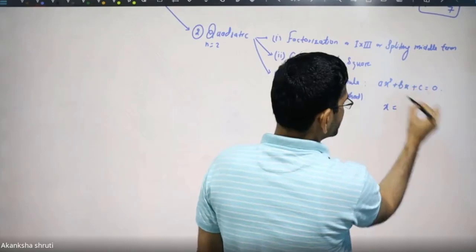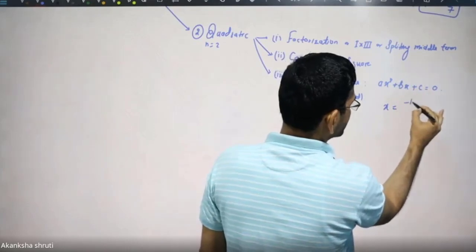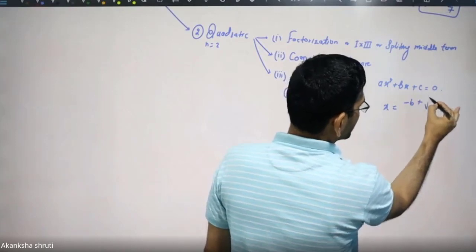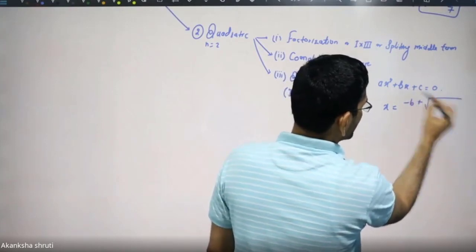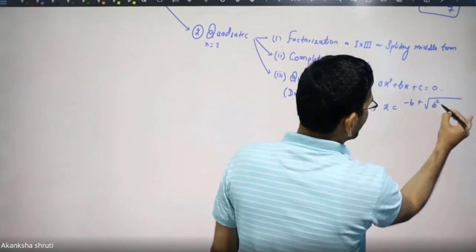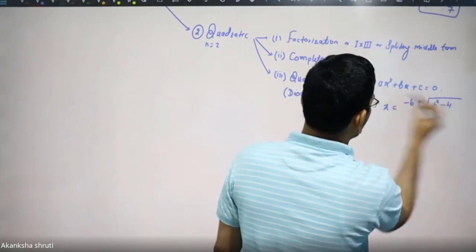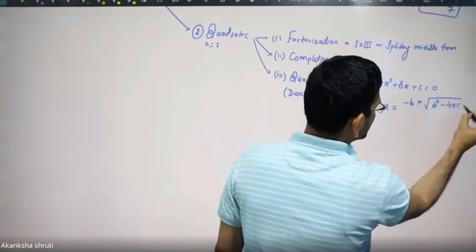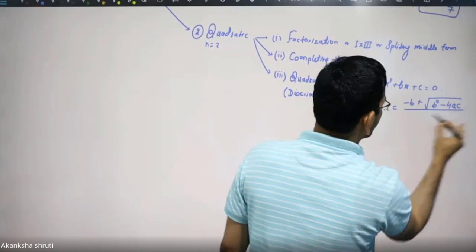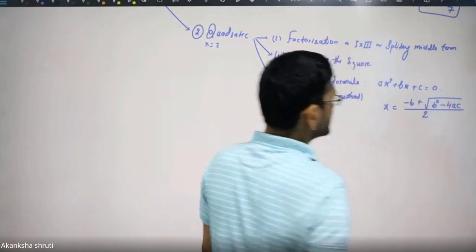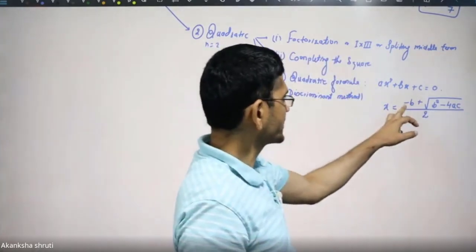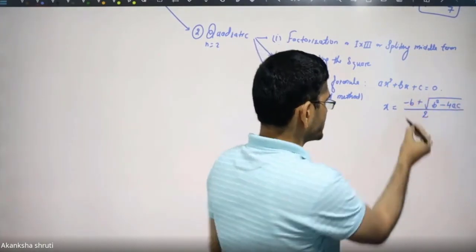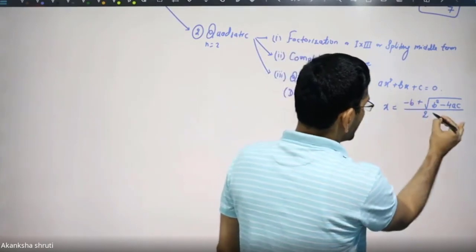Take the coefficient of x with the negative sign, add the square root of b square minus 4 times the coefficient of x square multiplied by the constant term, a into c, all divided by 2a.